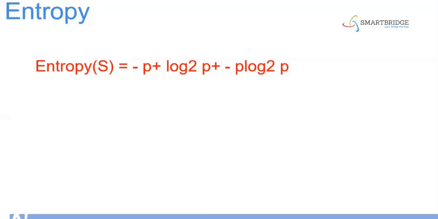So how can you split the data into an ordered format? With the help of information gain. Now did you understand what is entropy? Relate it with what I say.